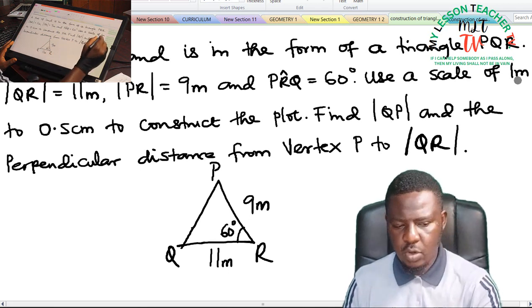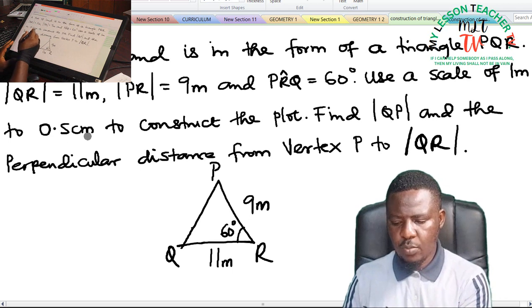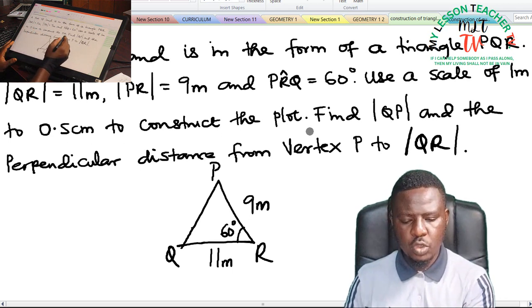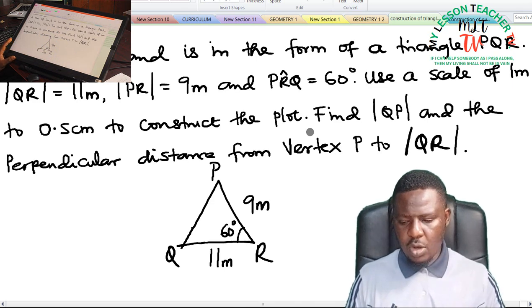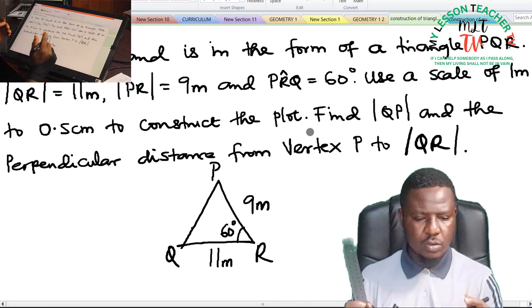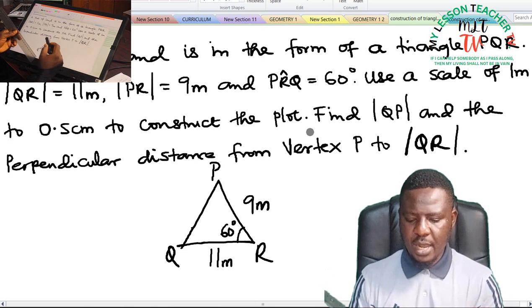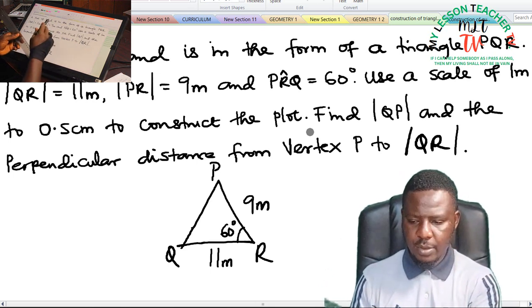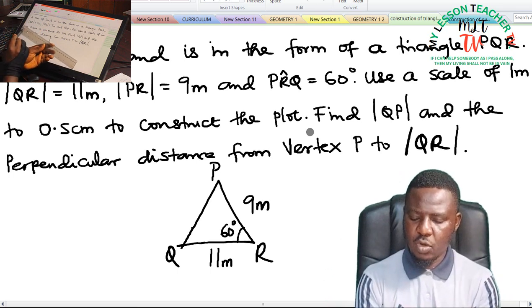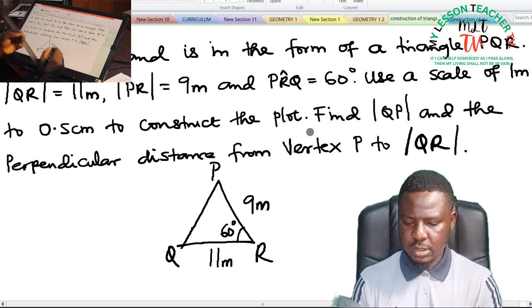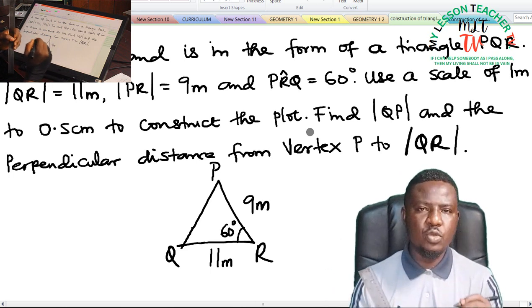Now we should use a scale of 1 meter to 0.5 centimeters to construct the plot. Meaning, on our scale, every 1 meter on the land represents 0.5 centimeters on the graph.